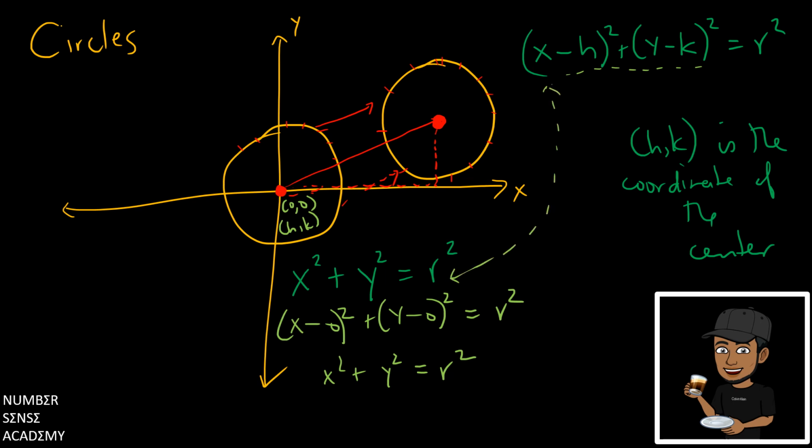It's just that in one, the origin is the center, which is at 0, 0. And here, the origin is not the center, and the center is at h, k. One more thing I'm going to point out about h and k is that we say it's x minus h squared plus y minus k squared equals r squared.